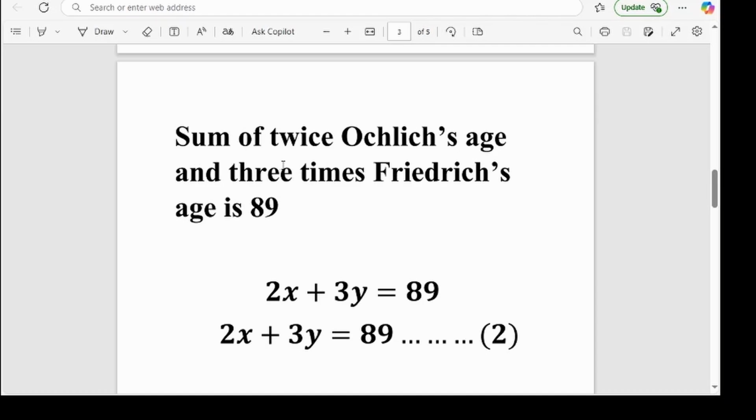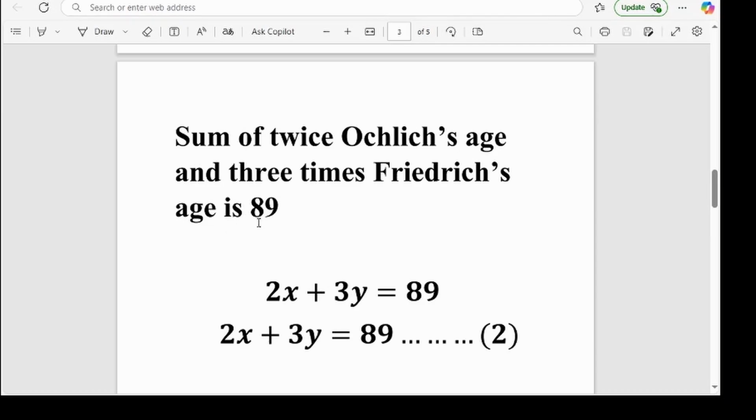So twice Ocklich's age is 2 times Ocklich's age, which is 2x, and thrice the age of Friedrich is 3 times Friedrich's age, which is 3y, and it all equates to 89.